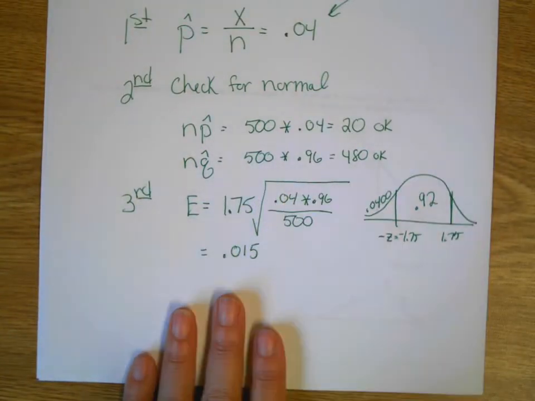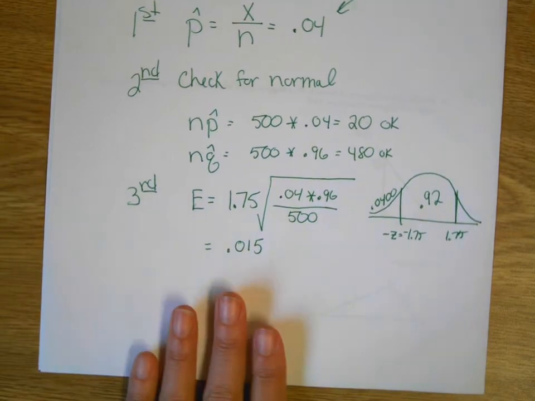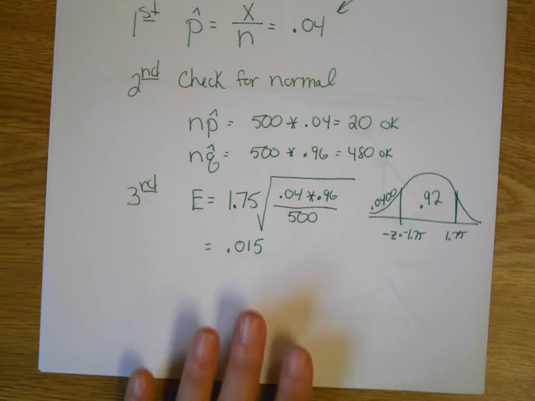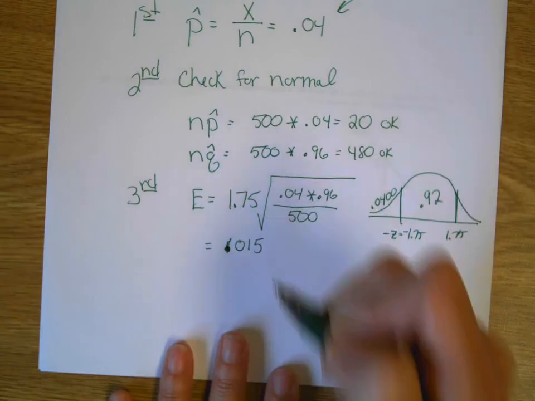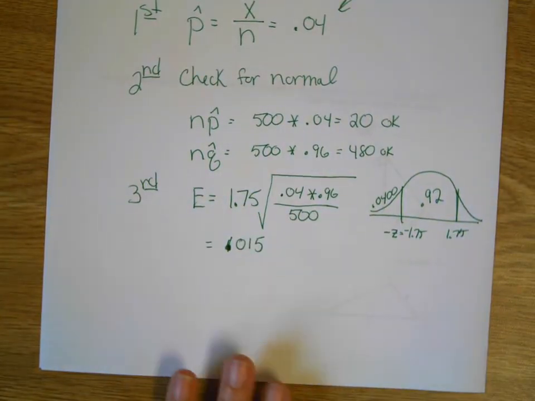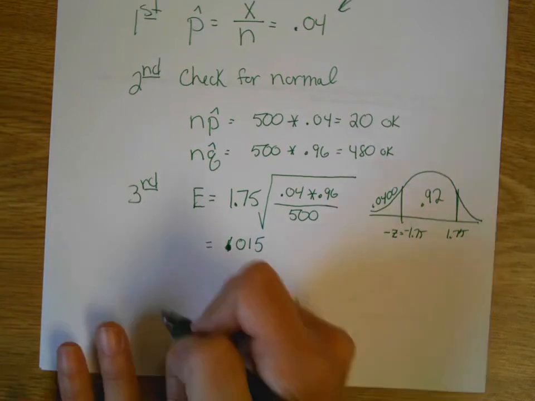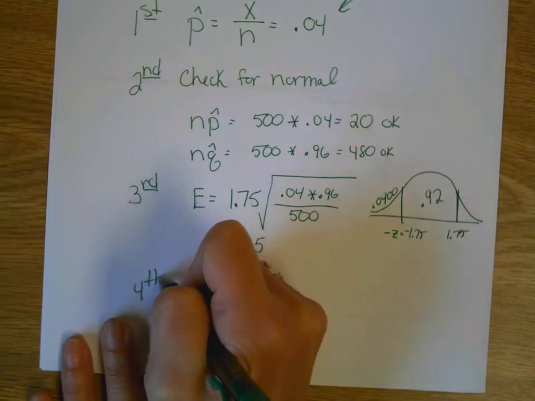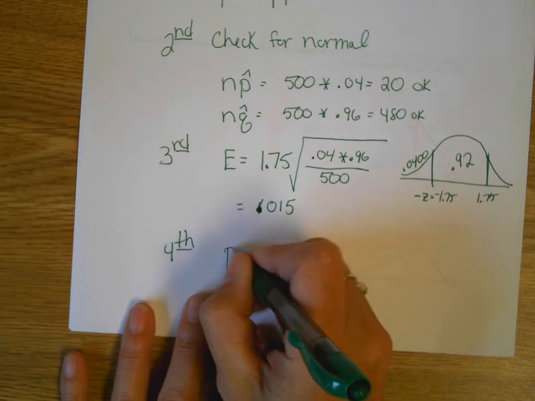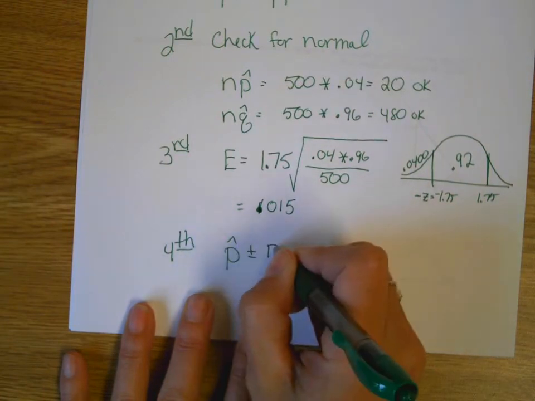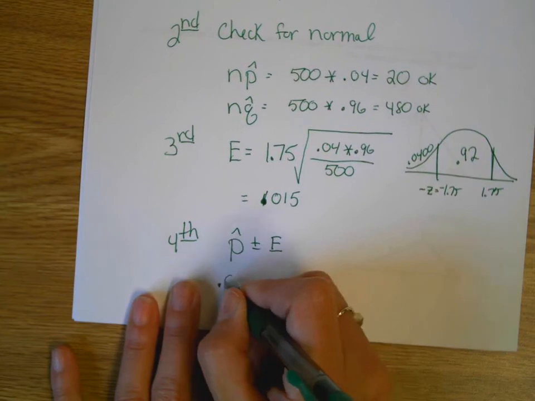It sounds reasonable. That's the correct answer. So then we're ready for our interval. Our interval will be p hat plus and minus big E, .04 plus and minus .015.